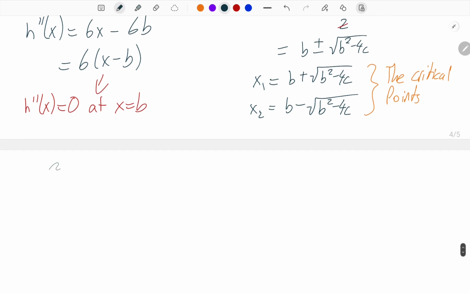So let's find the midpoint of x1 and x2. And how do we find the midpoint?